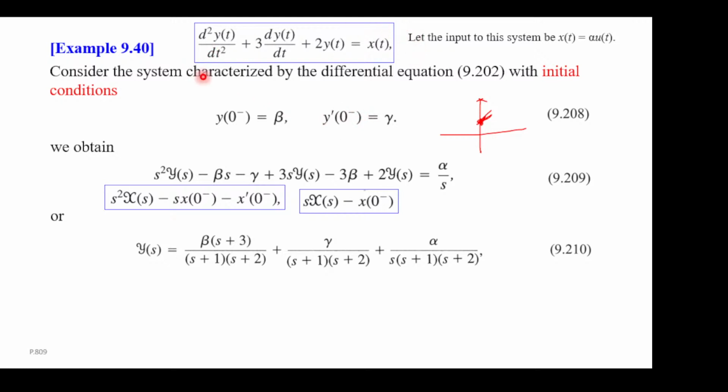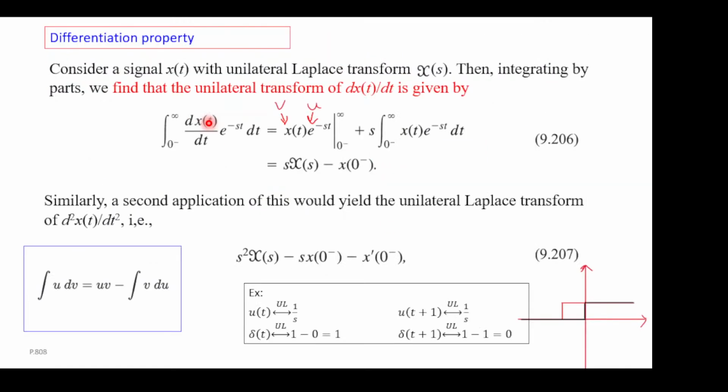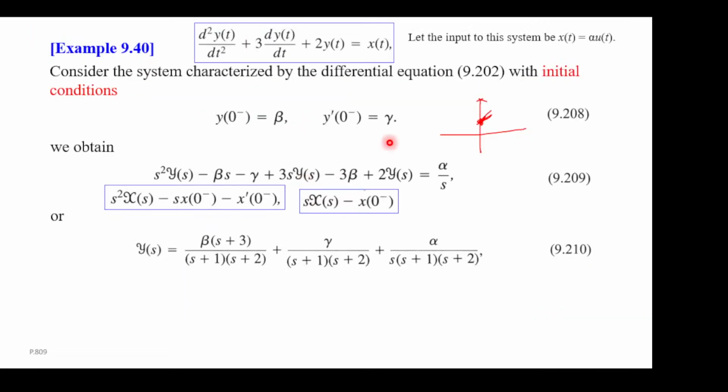And then we use the unilateral Laplace transform on everything. Here we didn't write x of t, so what x of t is was in the lecture. But anyway, we do the unilateral Laplace transform on everything. So this y becomes script Y, and for dy/dt, from this differential property, you get s times script Y, but you also get this minus y0 term.